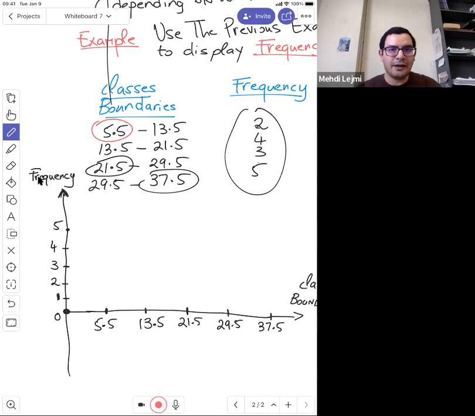I just plotted my frequencies on this vertical axis. Of course, you need to start with the smallest number, 0, and then the numbers increase.